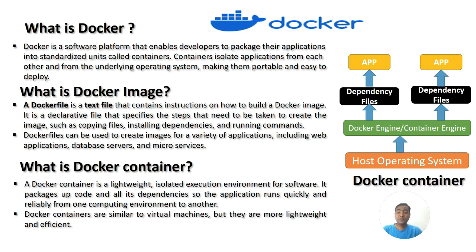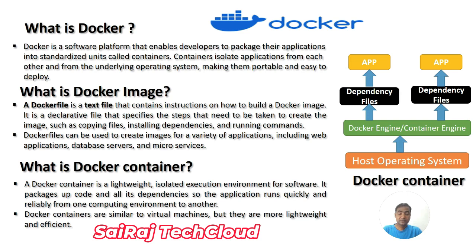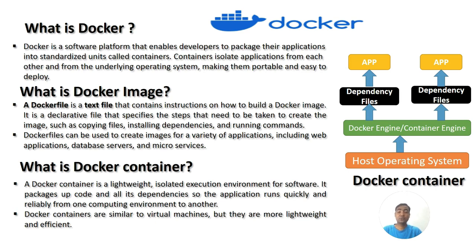Docker containers can be deployed to any environment that has Docker installed, regardless of the underlying infrastructure. This makes it easy to deploy applications to production, staging, development environments. Docker containers are lightweight and efficient, which can save resources and improve performance. Docker containers are isolated from each other, which helps to prevent security vulnerabilities.